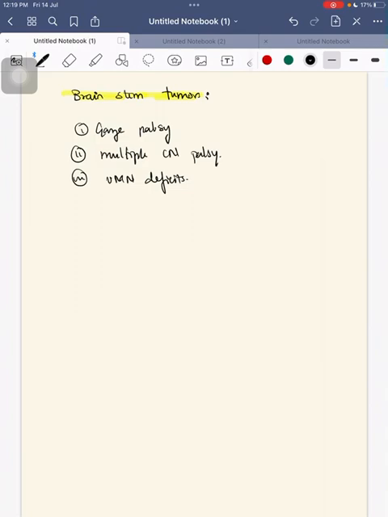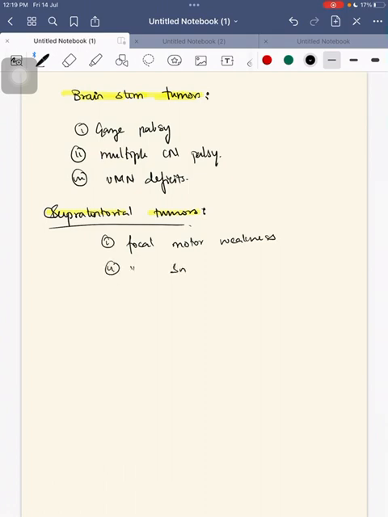Okay. When the child presents with supratentorial tumors, the child can have focal motor weakness. Second, focal sensory changes.